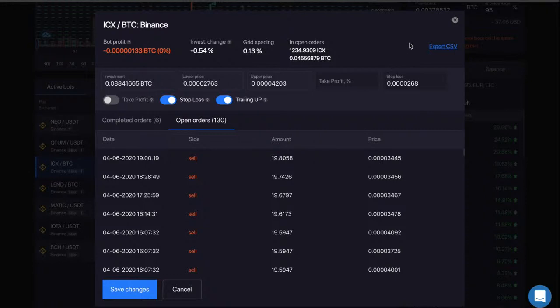For those who are interested in making some extra calculations, you can export this data to an Excel file, and you can then calculate, maybe if you are a portfolio manager, the Sharpe ratio, Sortino ratio, and some other key metrics that you want to see in order to assess your performance, all right?